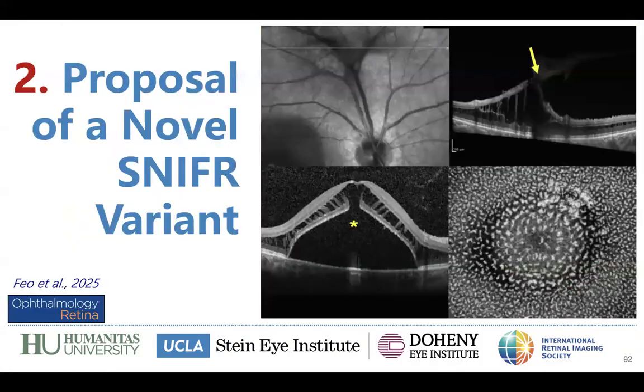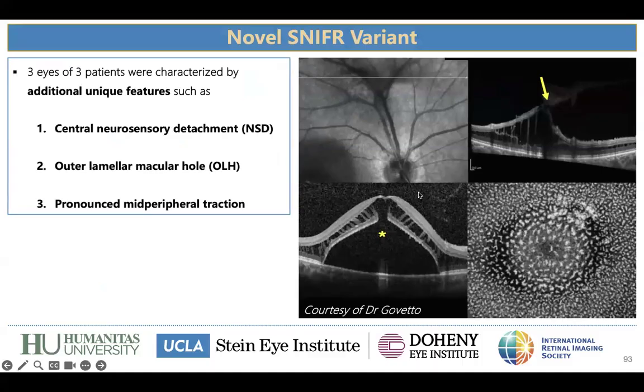We also propose a novel SNIFFER variant that we term CARPET. So this disorder, and I thank very much Andrea Govetto for providing this case, actually for starting all of this description, is characterized by the presence of three unique additional features in addition to the foveomacular retinoschisis, which are the central neurosensory detachment that you can see here with the yellow asterisk, together with the outer lamellar macular hole, and this very pronounced mid-peripheral traction, in this case at the level of the supratemporal arcade.